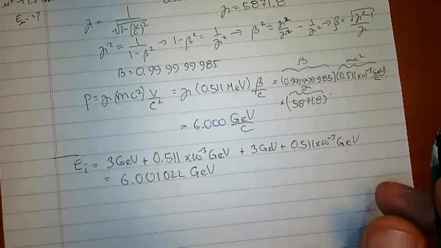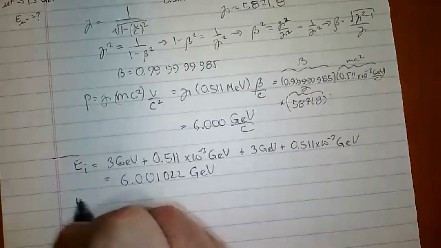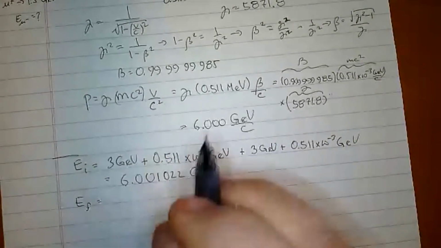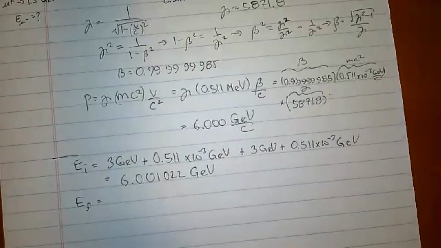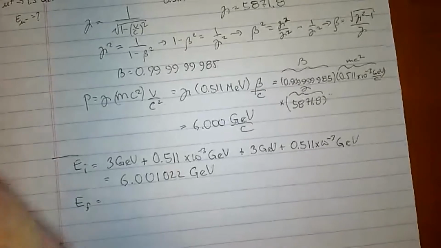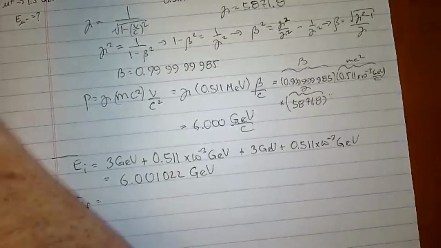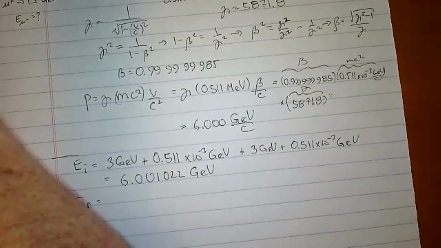The energy in the final has got to equal, let me look that up right quick. Did you look that up already? Do you know what the rest energy of the muon is? No, but I should have it in my notes. I think it's going to be 0.105 GeV.